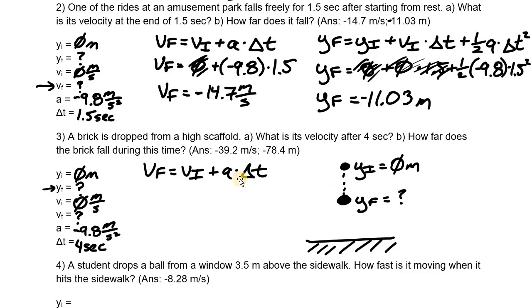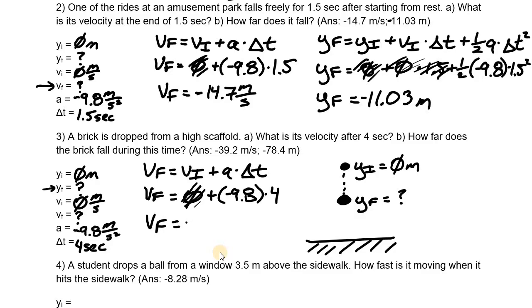What's nice about this, which I always love, is that we won't even have to solve for our variable, because it's already on the left-hand side of the equation by itself. So we have our negative 9.8 times our 4. Obviously, the initial velocity provides us no value, so we don't need to plug that into the calculator.